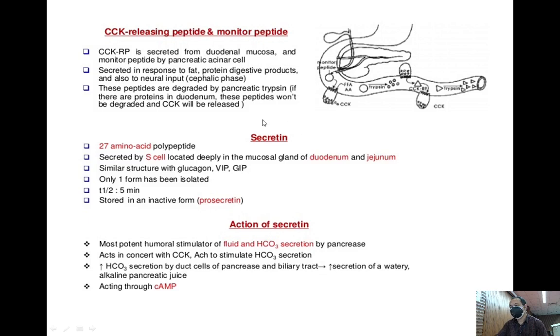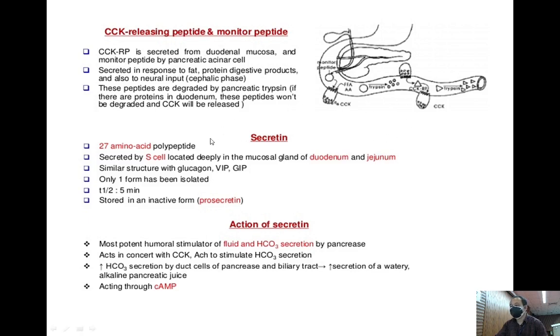Okay, so what stimulates the secretion of secretin? As you know, secretin is important in the release of an alkaline juice from the pancreas and from the liver as well.